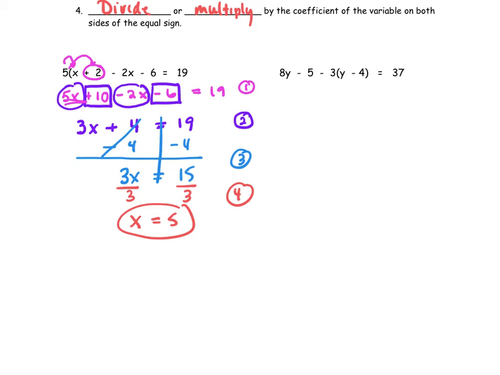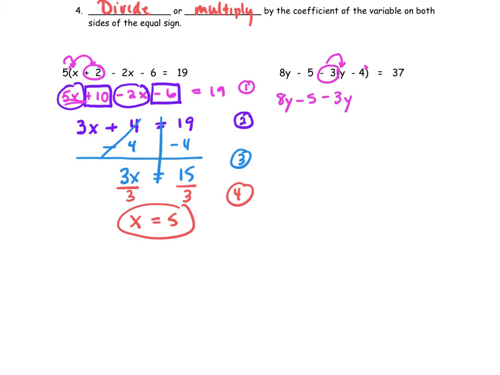Because 8y is not involved in the distributive property, and minus 5 is also not part of that distributive property, I'm just going to drop them down so that they're ready to go as the equation's given. And then I'm going to use that minus like it's a negative 3. So I'm going to take negative 3 times y, which is going to be negative 3y. I'm going to write it as a minus.